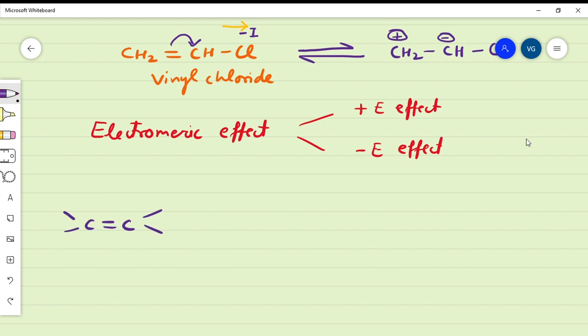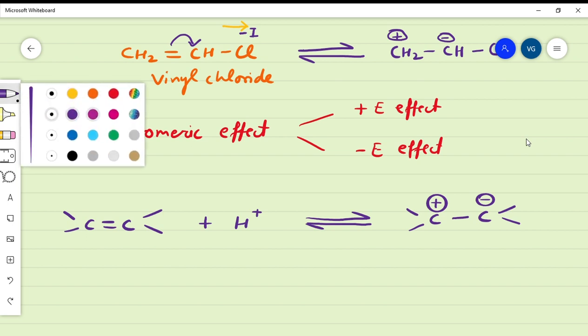This is a compound having a double bond, and if it is attacked by a proton, so we know the pi bond breaks, and here one carbon acquires positive charge and the other carbon acquires negative charge. Okay, but here it is attacked by H positive.